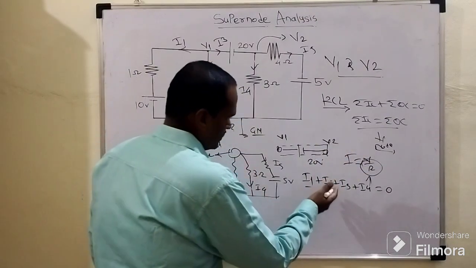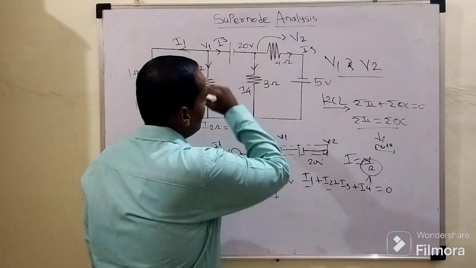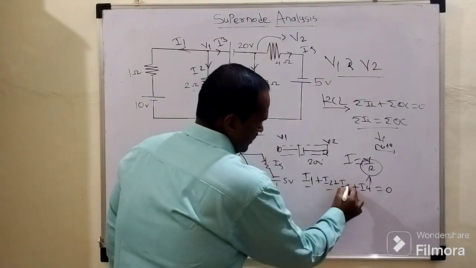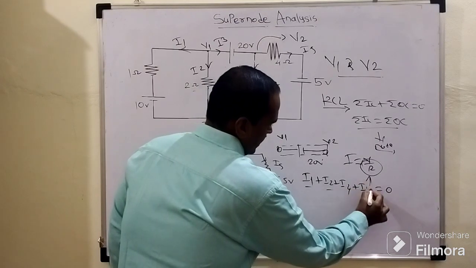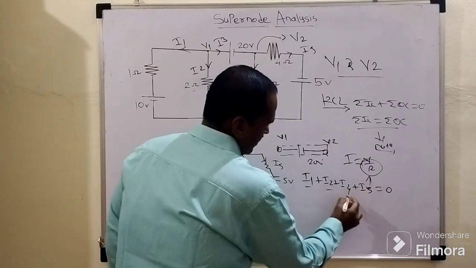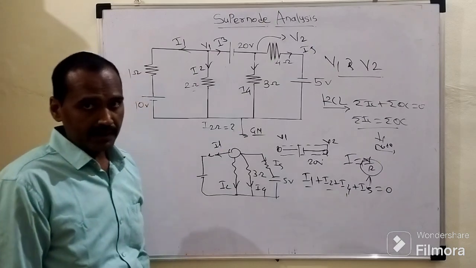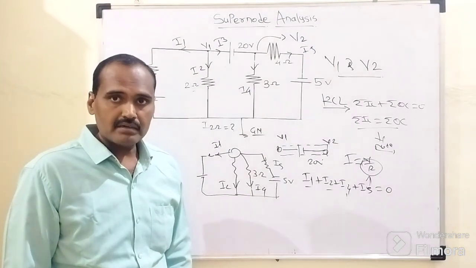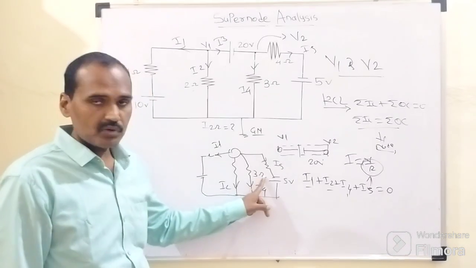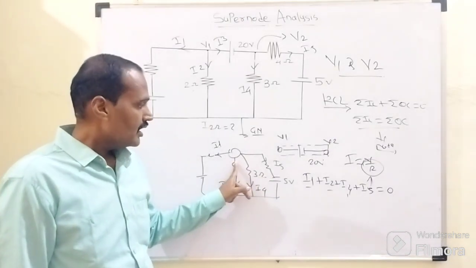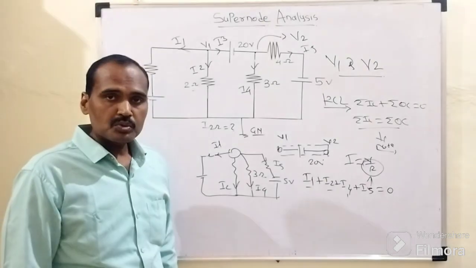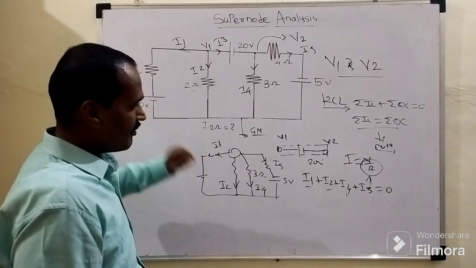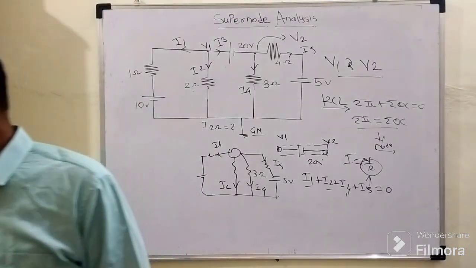This I3 is the current flowing through this 20 volt branch. That can be rewritten as I1, I2 plus I4 plus I5, or I3 plus I4, whatever it may be, right? But cumulatively, we need to add the 4 currents belonging to these 4 branches associated with that supernode. So the current equation will become what? I1 is the current flowing through this 1 ohm resistor.